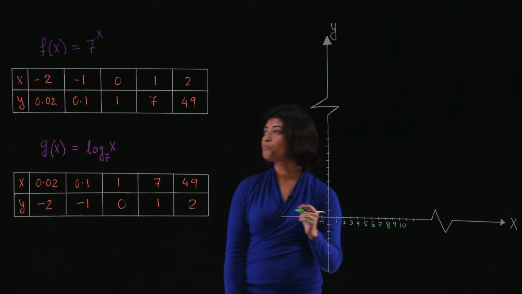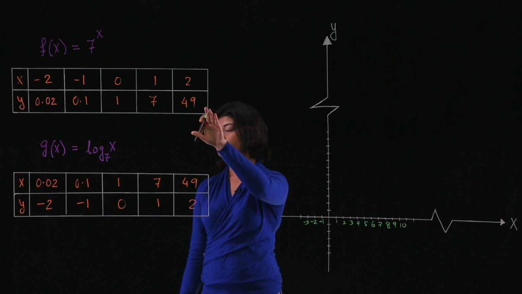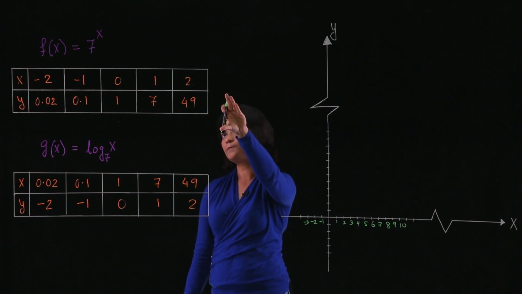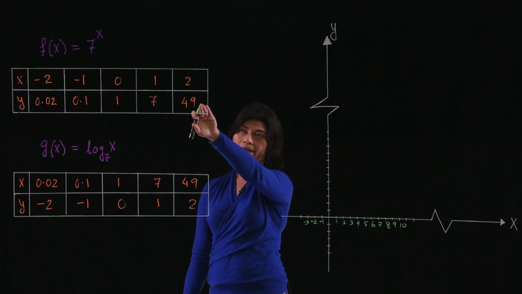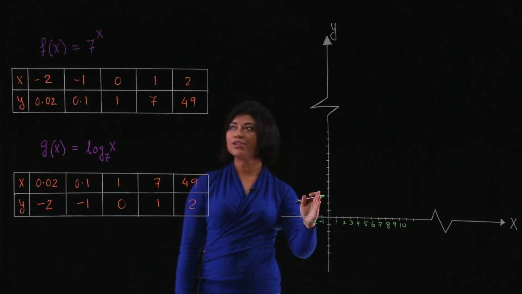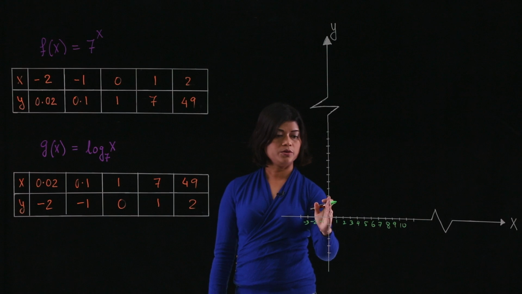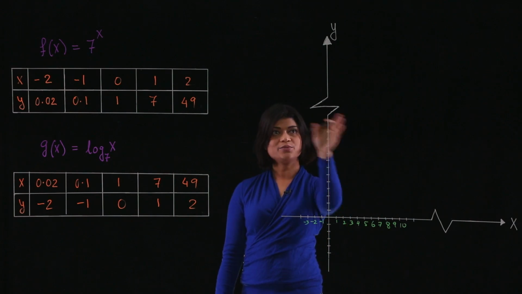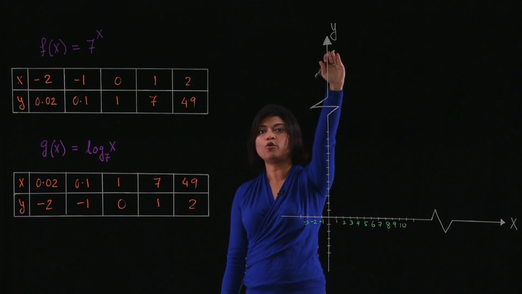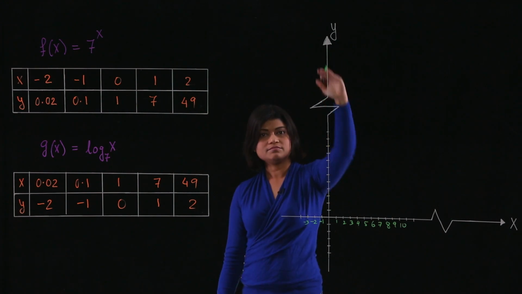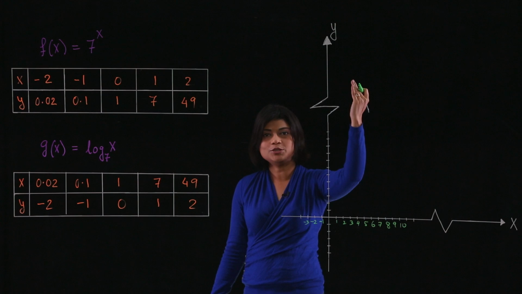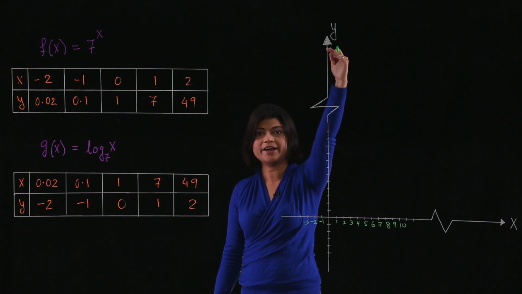Now notice that for f, the y value is going up to 49. So what we can do is we can just go with the step of 1 and then we can break and then we can put 49 above, high up there. So it's not up to the scale, but you understand 49 will be pretty high up.